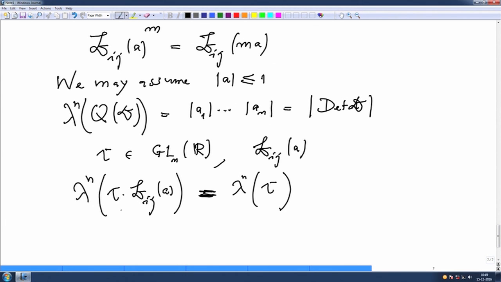So I will concentrate on that and reduce the problem to n equal to 2, where it is very, very clear. In the next half we will see some more applications of this formula.